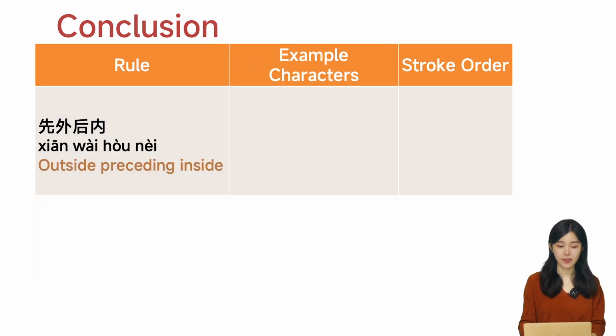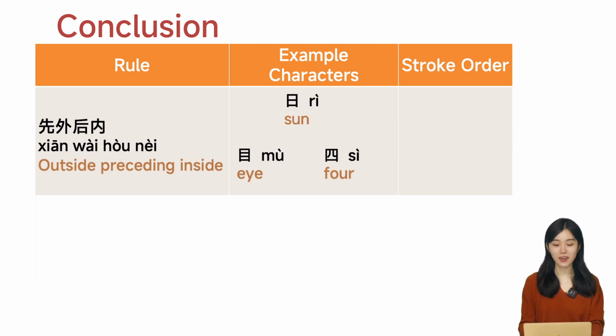Okay, great. Next rule. 先外后内, Outside preceding inside. We should write the characters from the outside to the inside. See the example characters. 日 目 四. See their stroke orders.